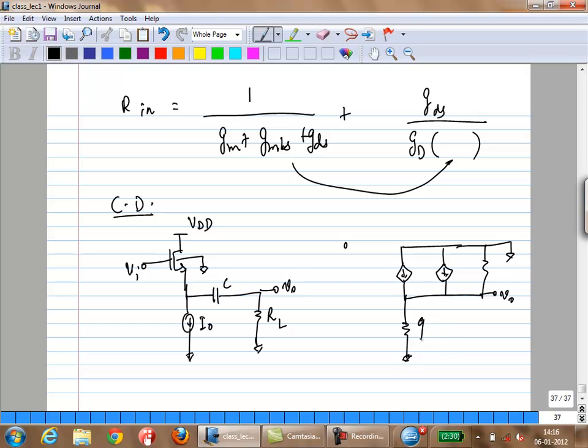Since I like to use conductances, I'll use GL. Use your source. This is your bulk.